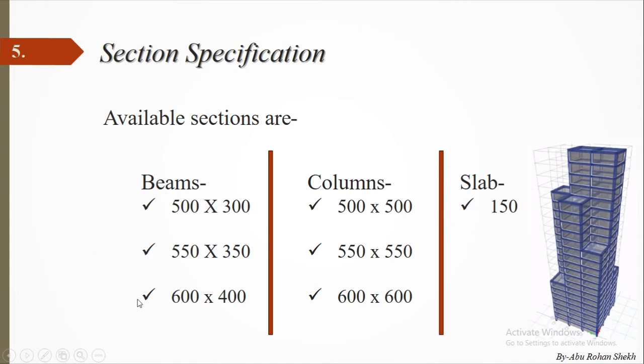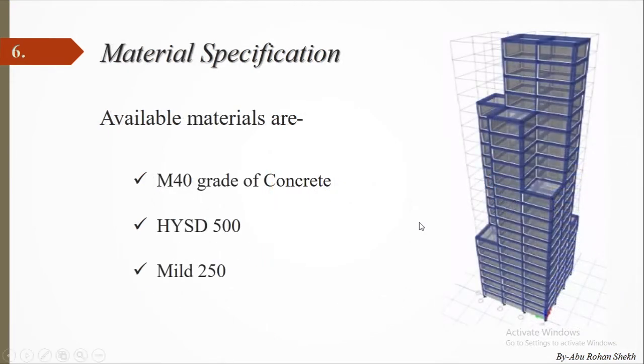For beams and columns we will use the auto select property, so the ETABS software can predict the beam or column section which is suitable against the load, and for the slab it is 150 millimeter.